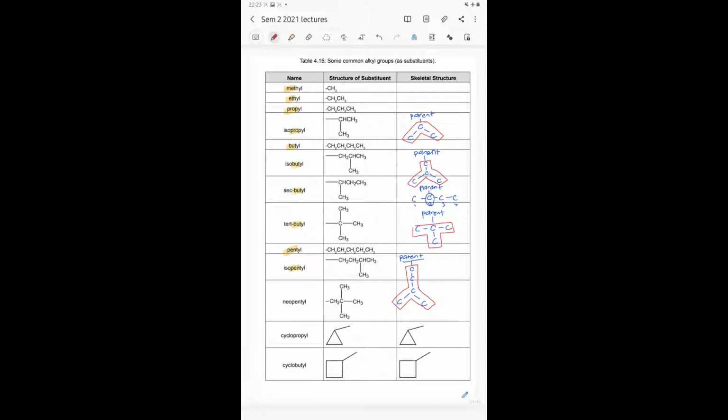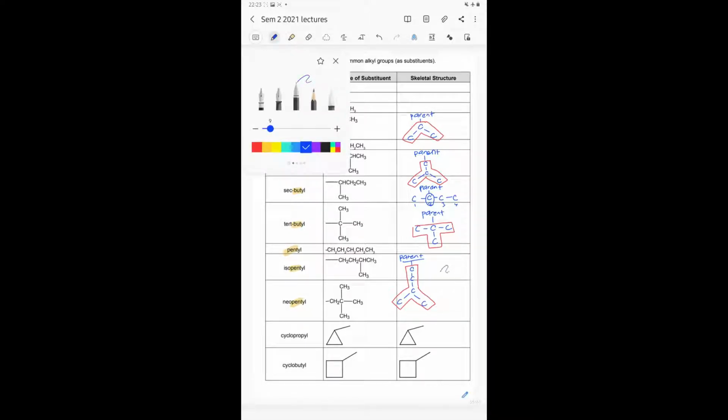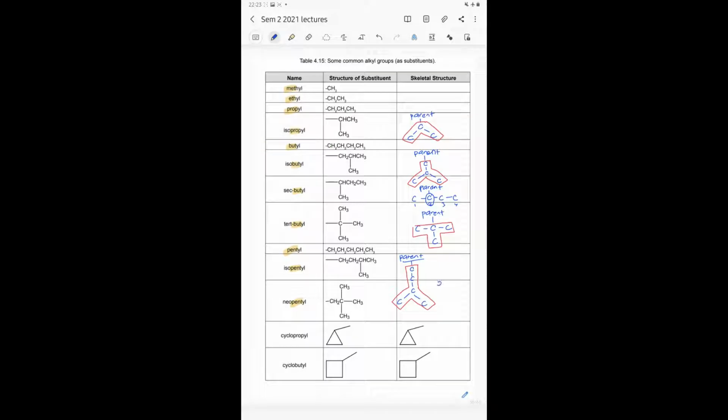Okay, next is still pent, 5 carbons, but now we have neopentyl. Okay, so how to remember neopentyl? Very easy. We have a parent chain. Okay, we have carbon attached to carbon, attached to carbon, attached to carbon, attached to carbon. 5 carbons.